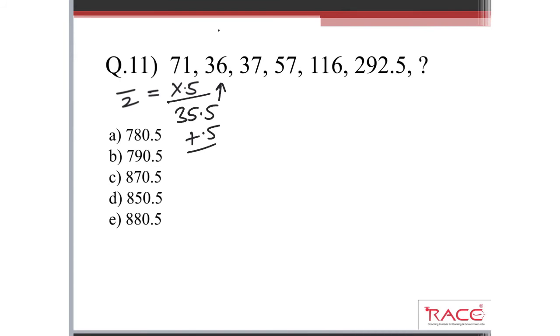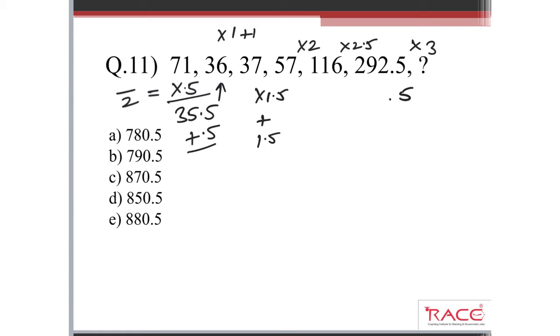So here multiply by 1 plus 1. Next it will be multiply by 1.5 plus 1.5. So this is a sequence. Okay, so here it will be 2, 2.5. So here it will be 3. So I have to multiply by 3.